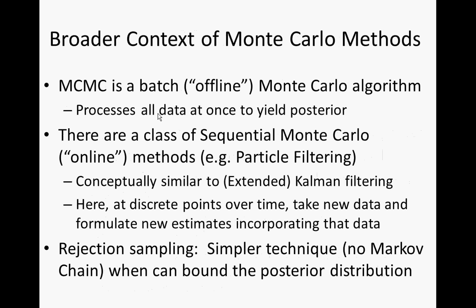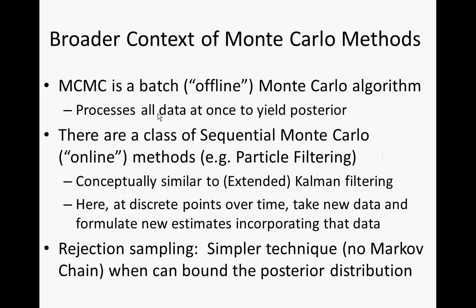If new data arrives to be incorporated into Y, we can run the algorithm entirely again. Now, in some cases, the computational cost may be prohibitive to do that. We may need to quickly incorporate the new data into our estimates for the posterior.